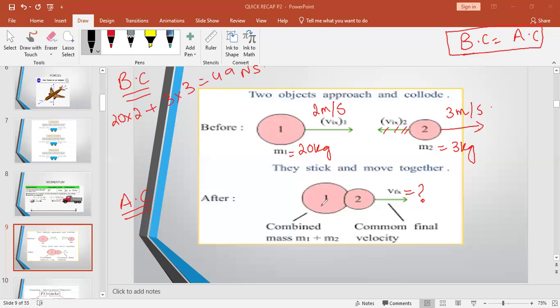Now, what will you do in after collision? Because they stick together, that means they are basically now one object that is moving with a combined velocity v, which is not known. So how will you find out the mass and the velocity?